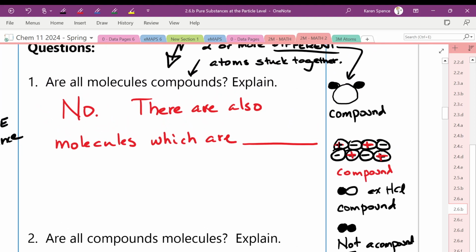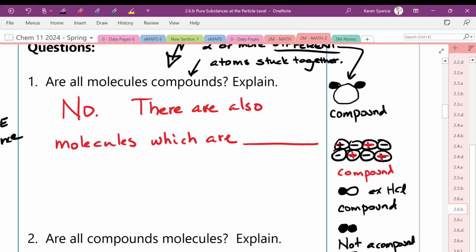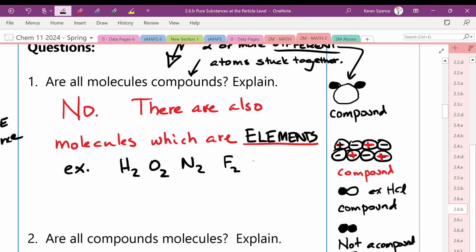So can you please tell me an example of molecules which are not compounds? There are also molecules which are elements. So for example, H2, O2, N2, F2, Cl2, Br2, I2, P4, oh, that's S8.